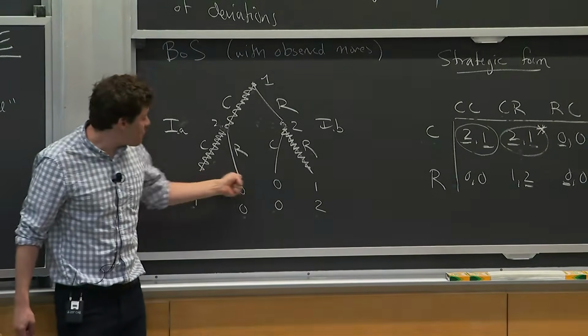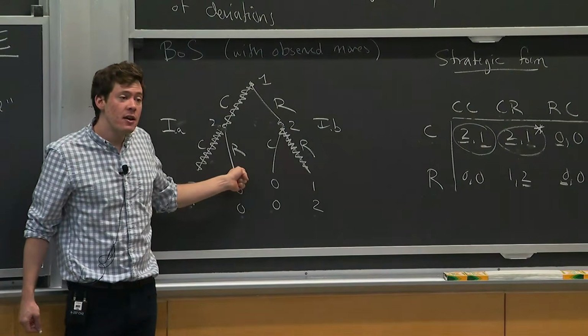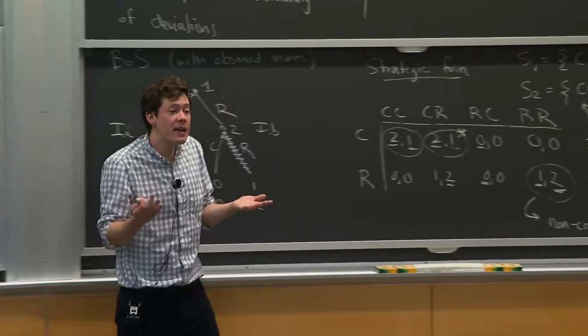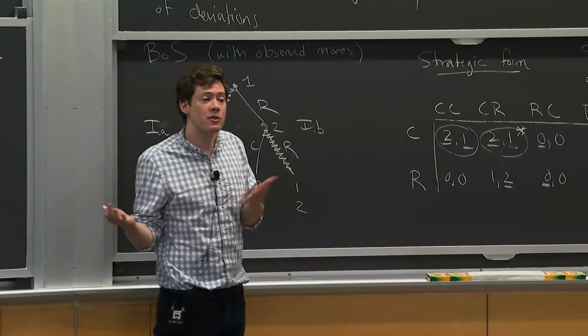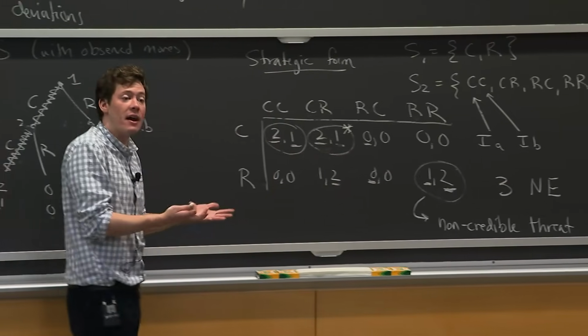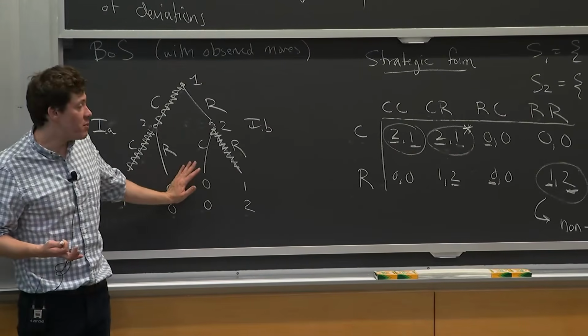Now, if the player were indifferent at some point, you might have two choices. There might be two ways they could play optimally. And in that case, just choose one arbitrarily. So always break ties yourself, because at the end, we always want to get a pure strategy equilibrium when we apply this.